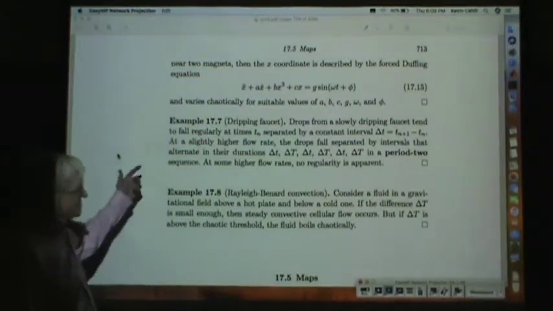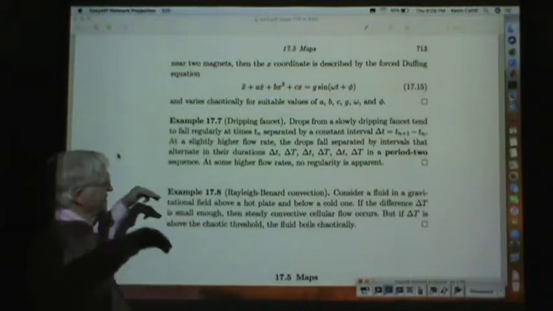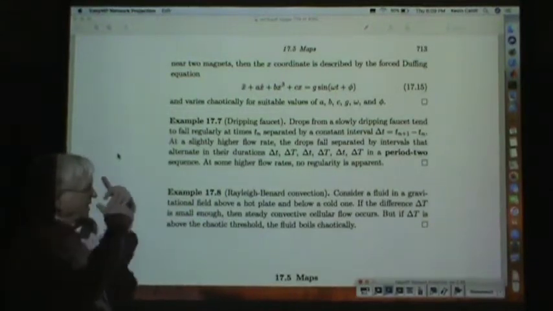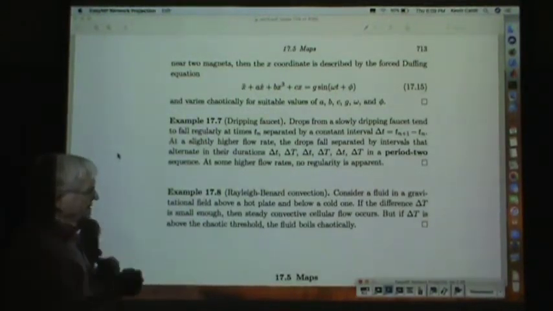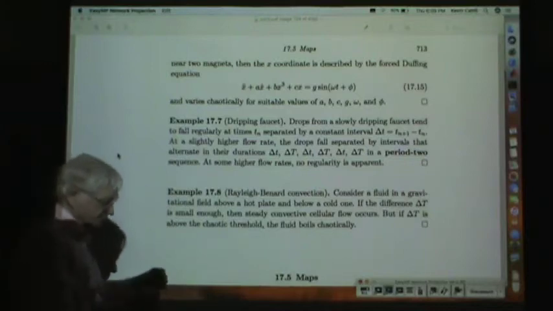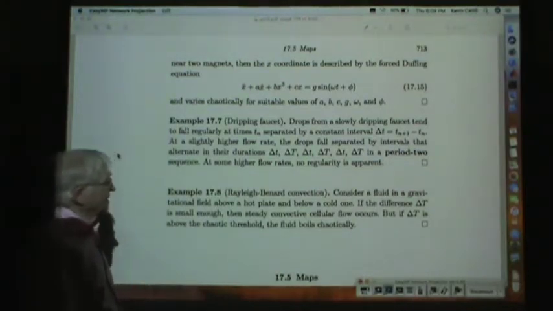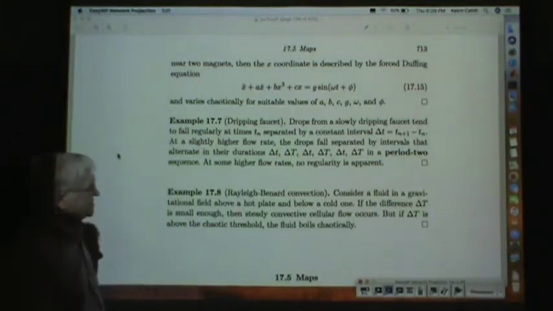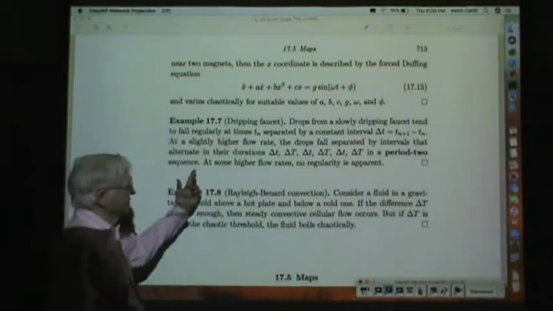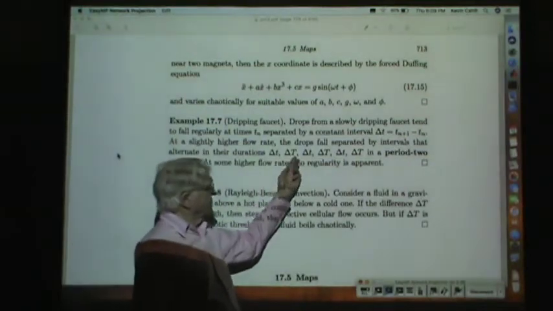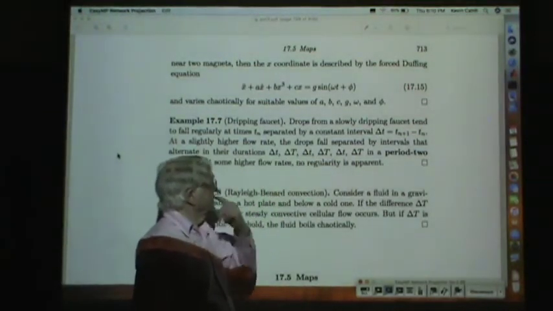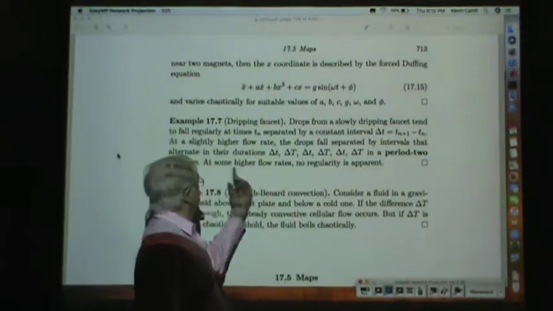Anyway, if the faucet is dripping very slowly, then the drops fall at constant intervals. So it goes drop, drop, drop, drop. But if you then increase the flow slightly, you then find that the intervals alternate in length in a period 2 sequence.